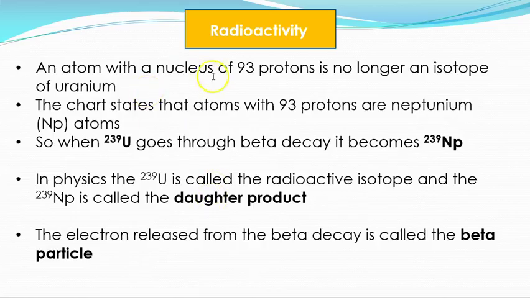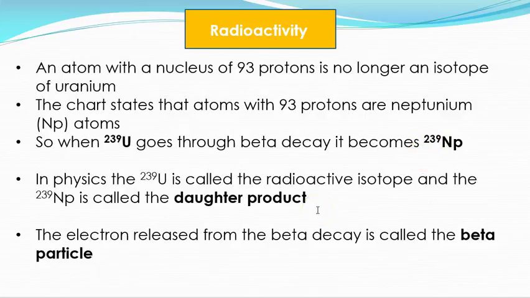An atom with a nucleus of 93 protons is no longer an isotope of uranium. If we look at the chart, the atoms with 93 protons are actually called neptunium, atomic symbol Np. And so when U-239 goes through beta decay, it becomes Np-239, or neptunium-239.